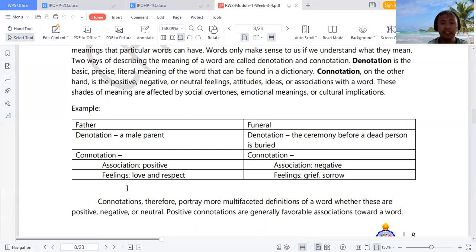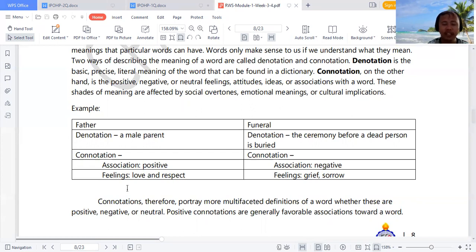I hope it's clear for you what denotation and connotation are. Again, let me repeat. Denotation is the literal or precise meaning. When I say a mother, the denotation is a woman parent.